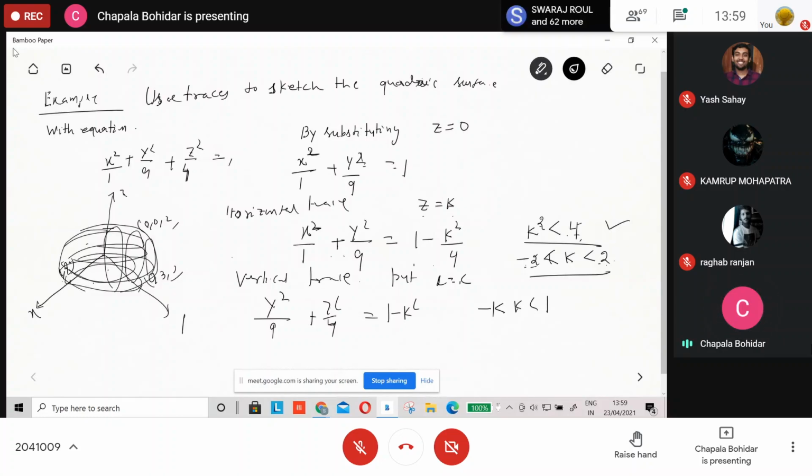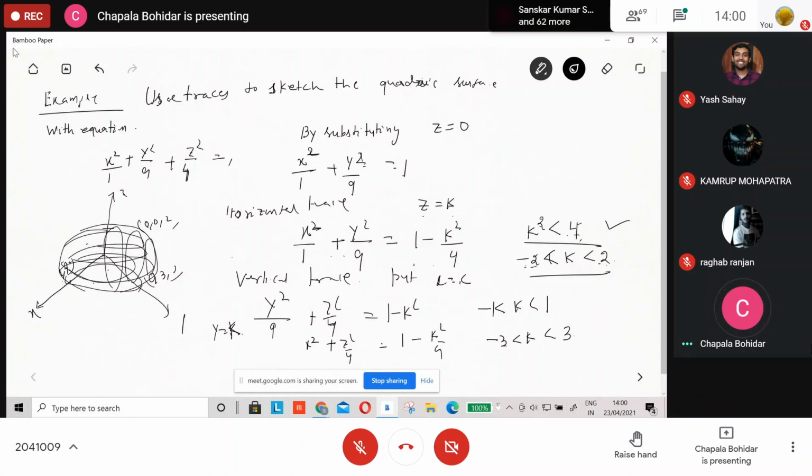Similarly, for y is equal to k, I will write it as x square plus z square by 4 is equal to 1 minus k square by 9. So k lies in between minus 3 less than k less than 3.